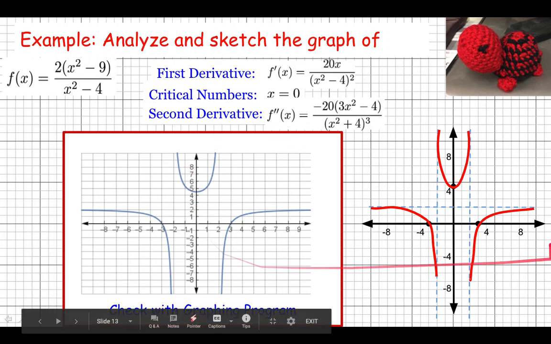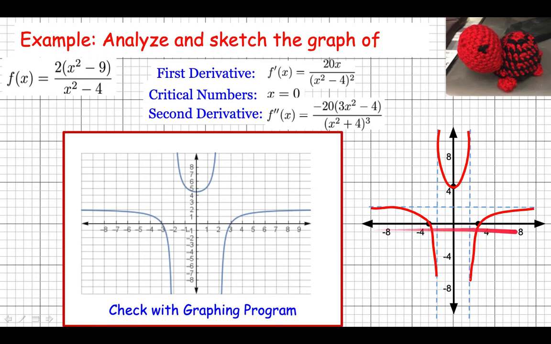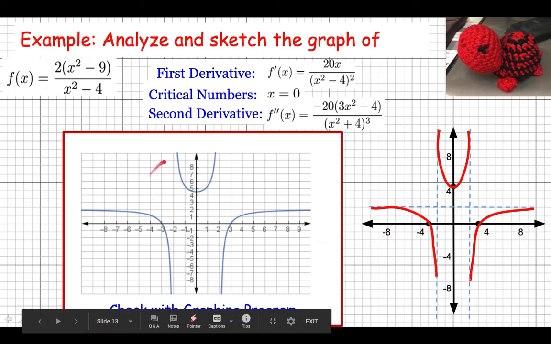When you're trying to check something you drew with your graphing program, set the window up to pretty much equal the window here. As here I went up to 8. I went from about -10 to 10. So that's pretty much what I set this graph up so that they look very similar.